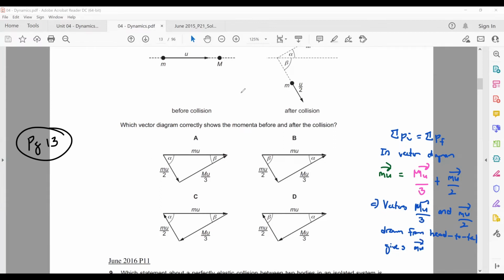So the one that you would get is actually answer choice B. Yeah, is it B? Yep. So this one is B. Okay, so this is the correct one.